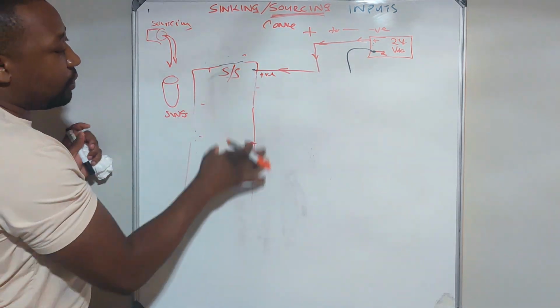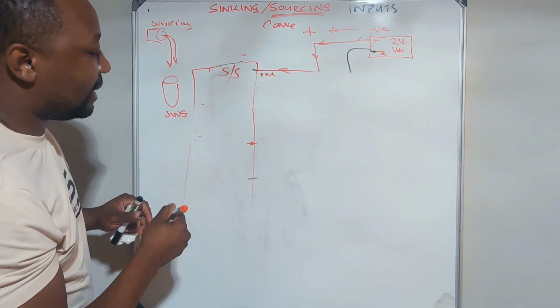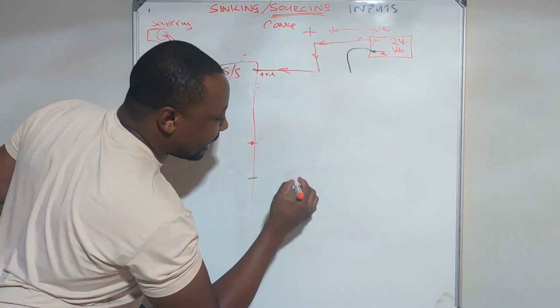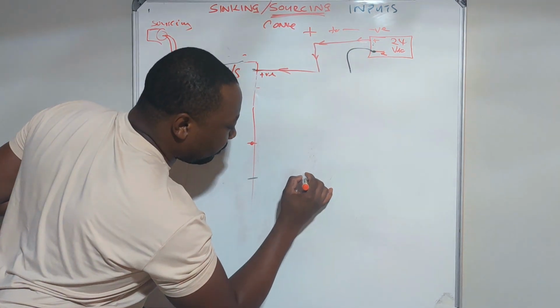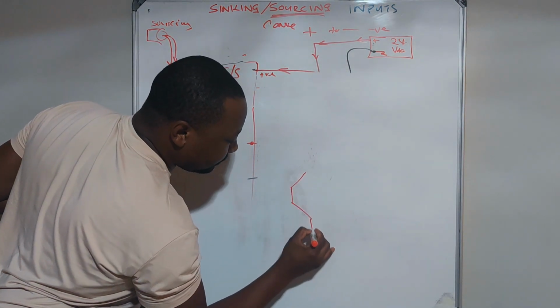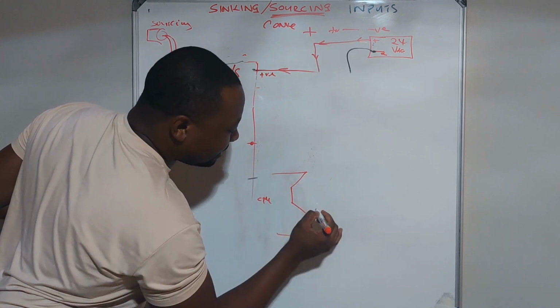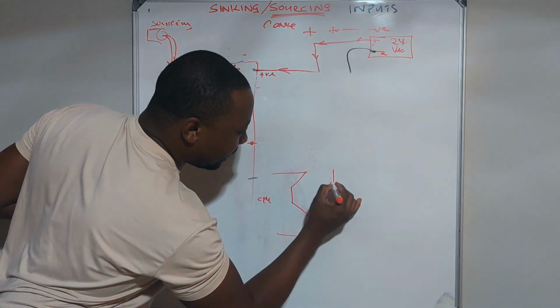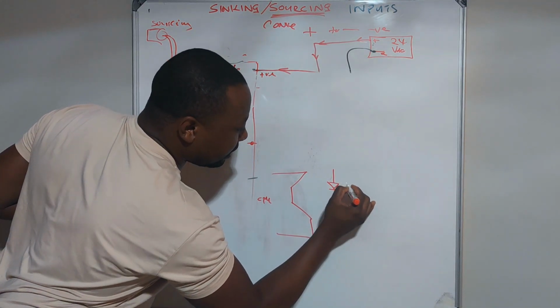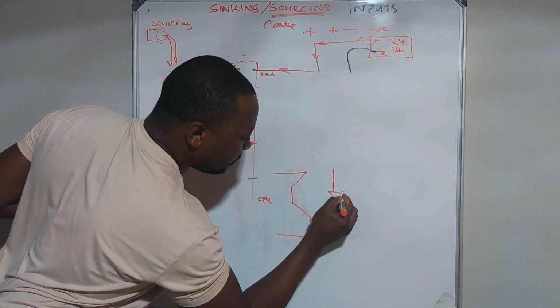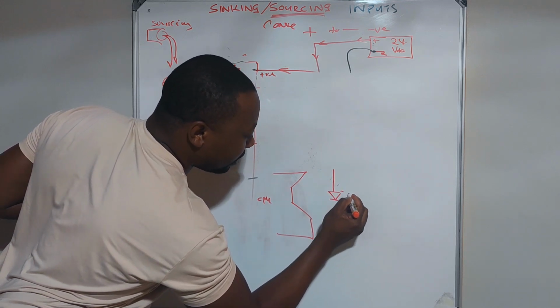But what is happening with the opto-isolator, back to what I explained, is that the isolator has two LEDs inside. So we have a photo transistor this side going to our CPU. Then this side, you have an LED like this, and then you have another one.